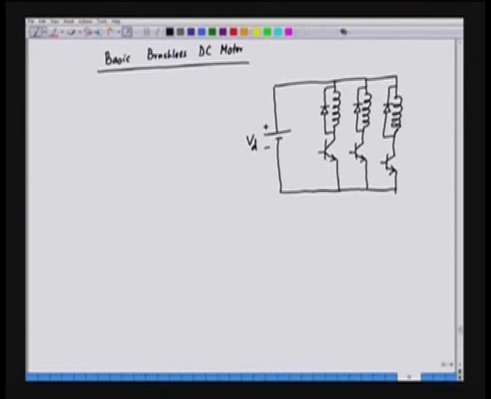So, when the transistor is turned on, one of the phases is energized. We can call these phases A, B, C, or W1, W2 and W3. We have 3 different phases, and how are they arranged? They are arranged in the following way. This is the structure we have.